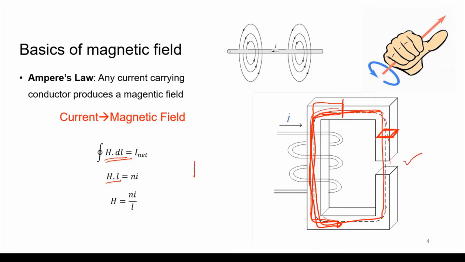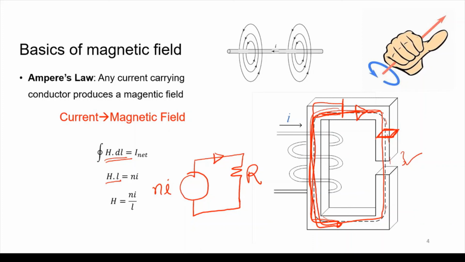The MMF is Ni, and then we have reluctance R, which includes the reluctance of the core and the air gap. The direction of flux is given by the right hand screw rule, and that we have shown. So let us say this is the direction of flux.